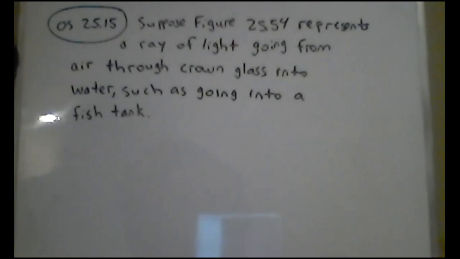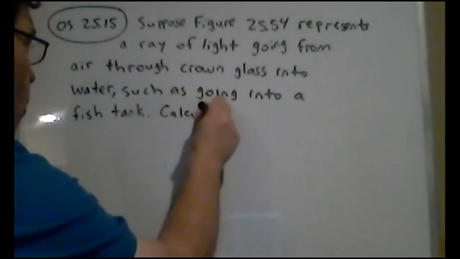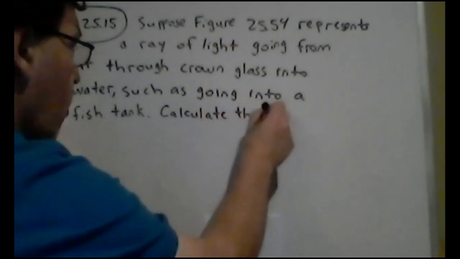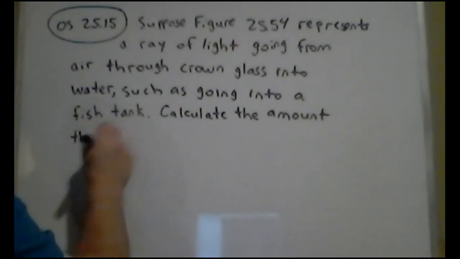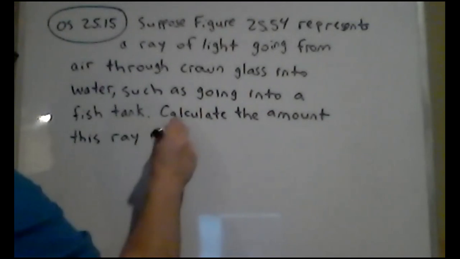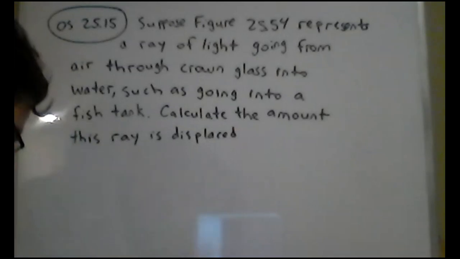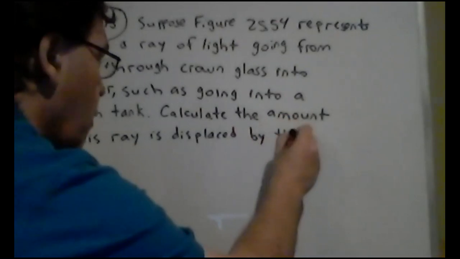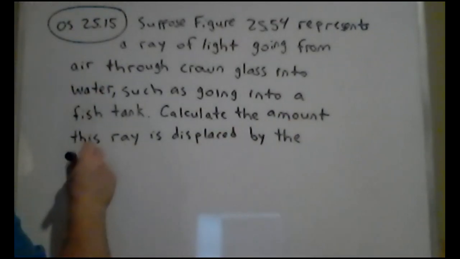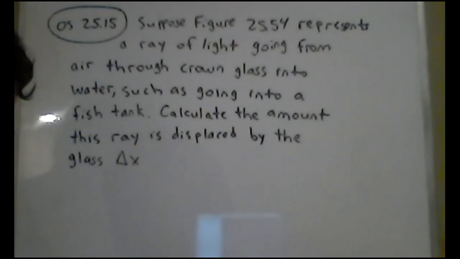Calculate the amount this ray is displaced by the glass, delta X, given the incident angle is 40 degrees.